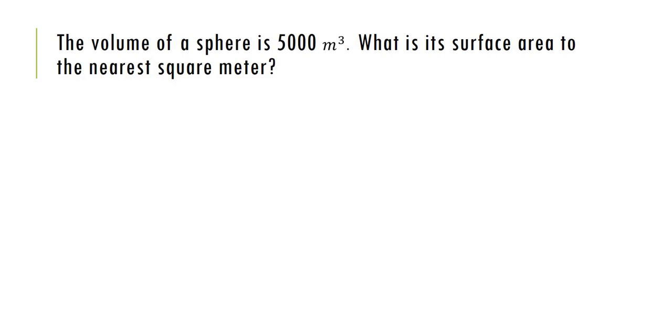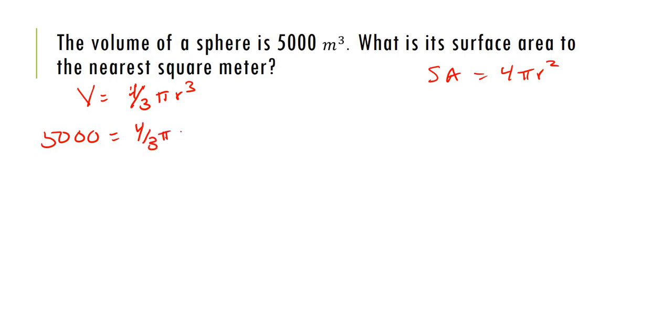The last question gives you the volume and asks you to find the surface area. Well, surface area requires a formula with a radius. Volume also has an equation with a radius. So plugging into my volume equation, I want you to take a moment using your calculator and solve for r.